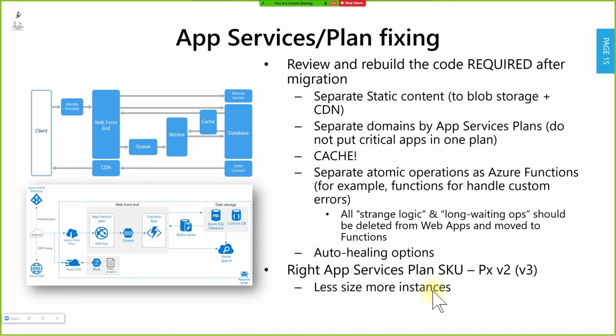It's more effective to handle most of the requests, like 2,000-3,000 requests per minute, than to have, for example, one P4 instead of four P1. Why?